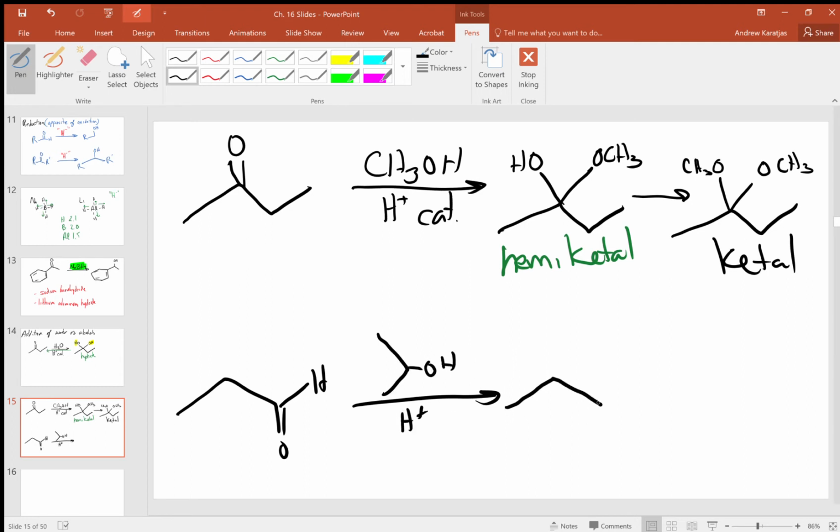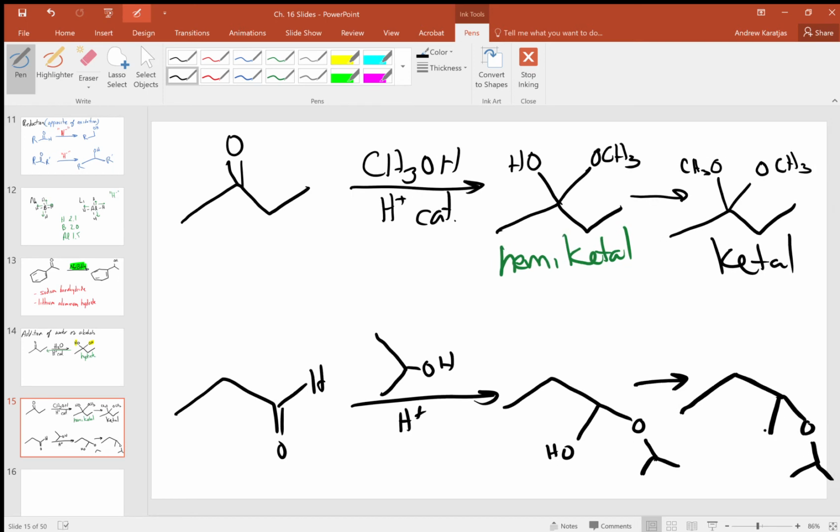So if we start with an aldehyde, we can add the alcohol once. Or we can add it twice. And these are known as a hemiacetal and an acetal.